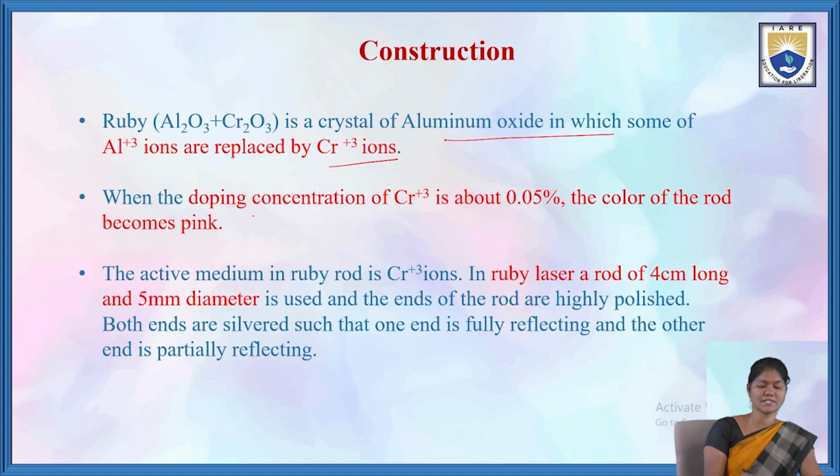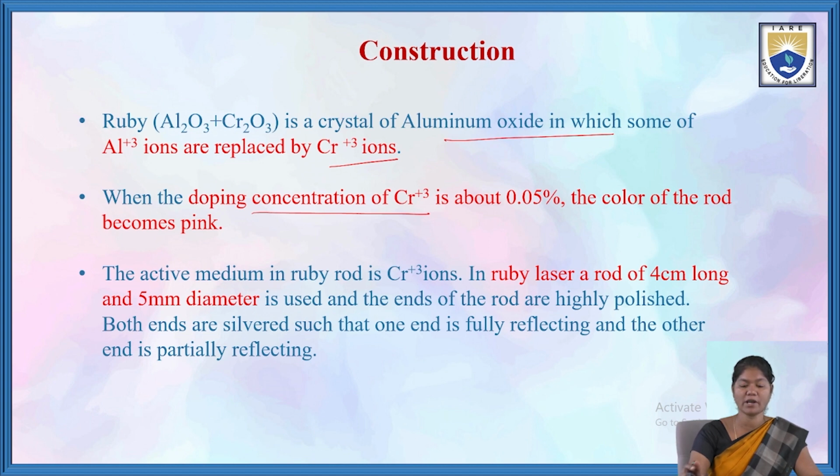When the doping concentration of chromium 3+ is about 0.05, the color of the ruby rod becomes pink.